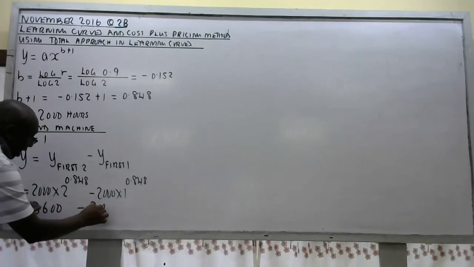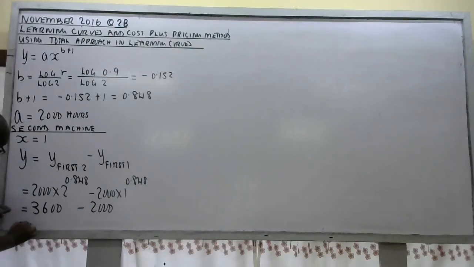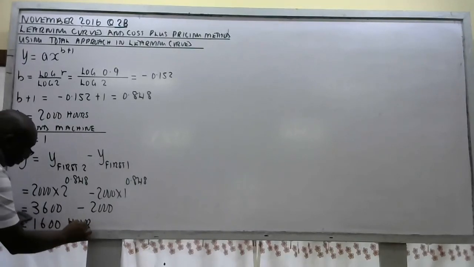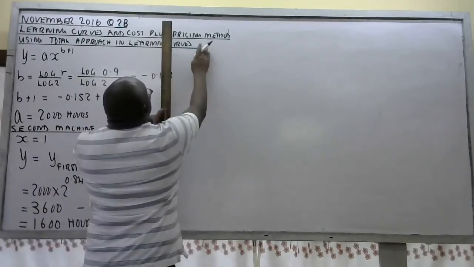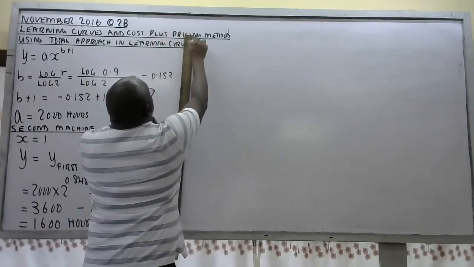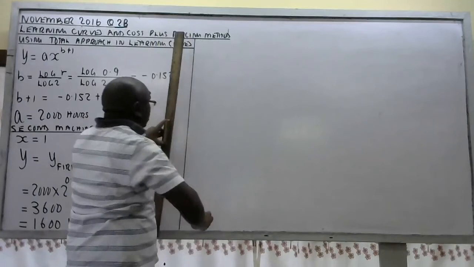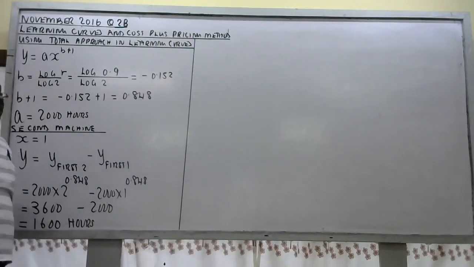Obviously, this is 2,000. So that means we have 1,600 hours. That is the time.